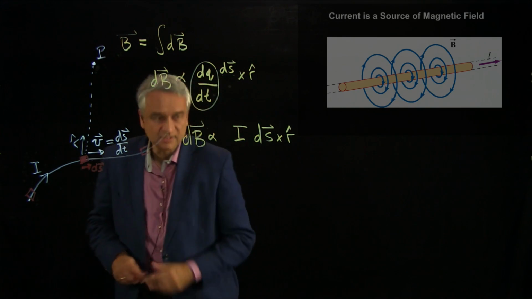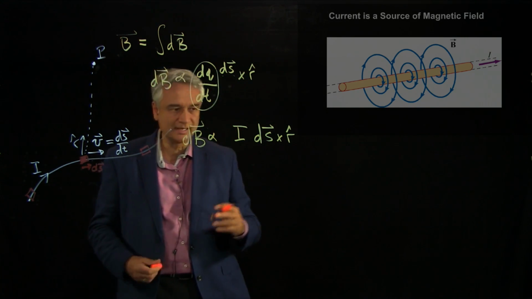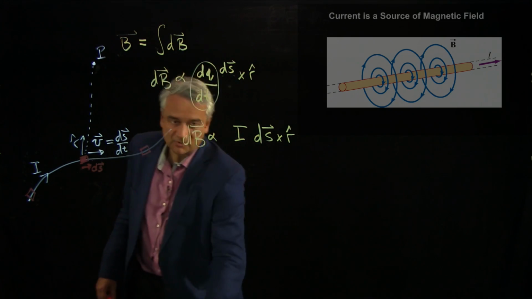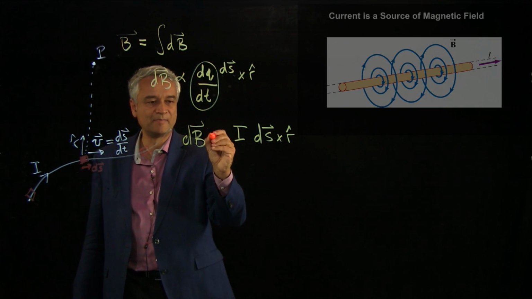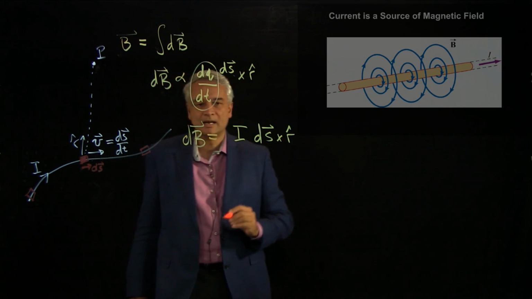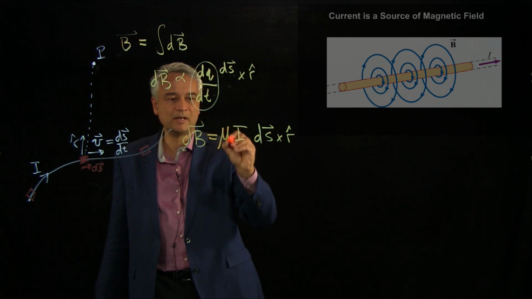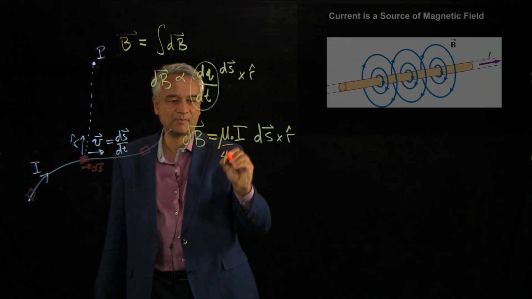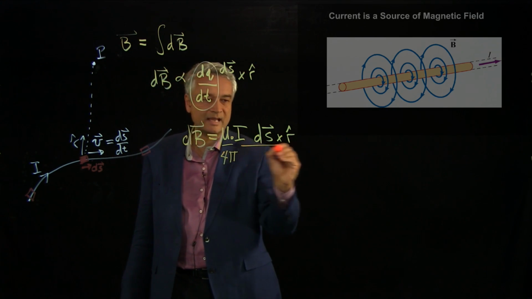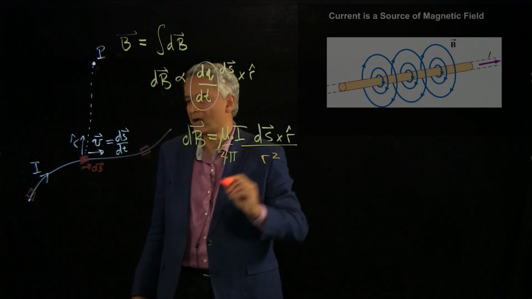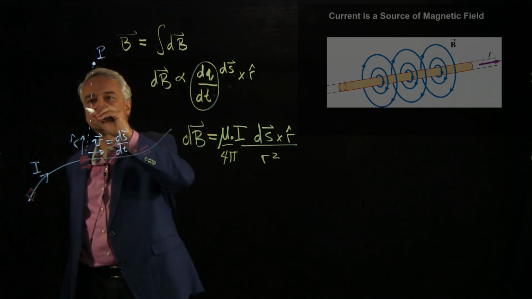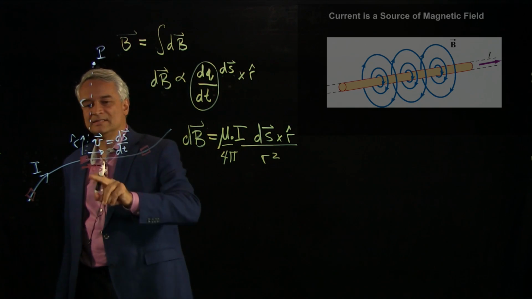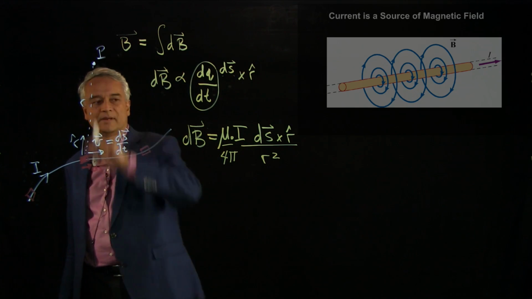And we're almost done. To make this into an equality, I just remember the other bits of the fundamental force law that I didn't yet write down. So if I want to make this an equality, I need to have a mu naught over 4 pi. And I need to have a 1 over r squared, where r is this distance here, the distance from this point here to this point here.